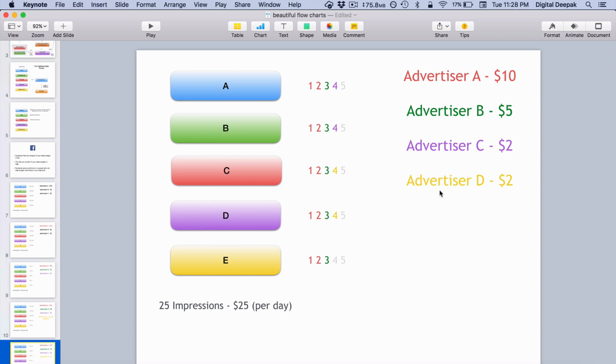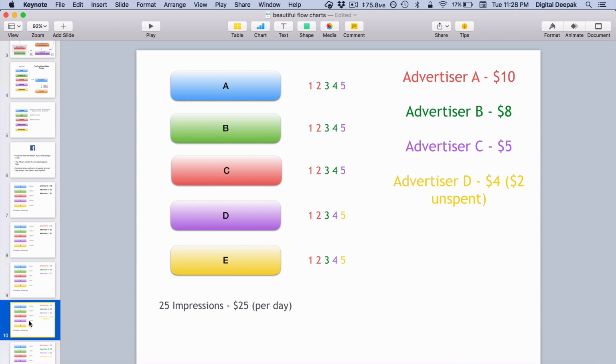So here you can see that since advertiser D has the lowest daily budget, he is having the risk of not getting enough ads being displayed at all.